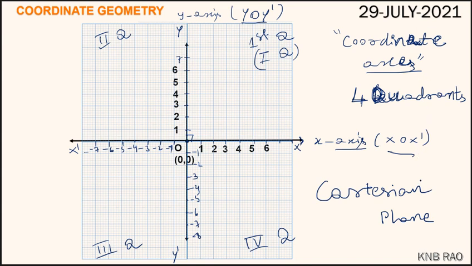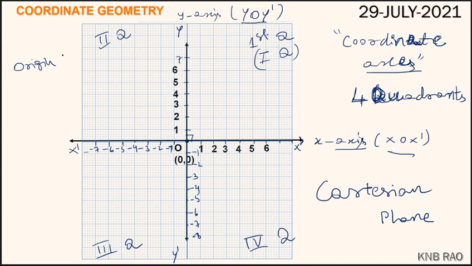Okay. So, the system in which we represent points on the Cartesian plane, the study of that will be called Cartesian system. Okay. Now, here important things, coordinate points of origin. What is origin?